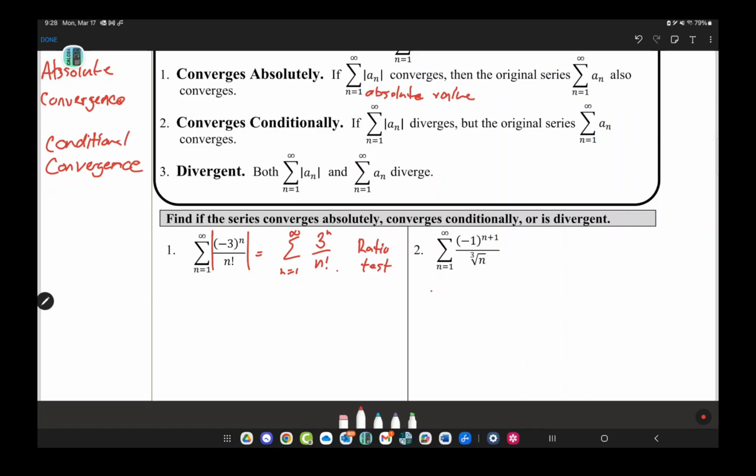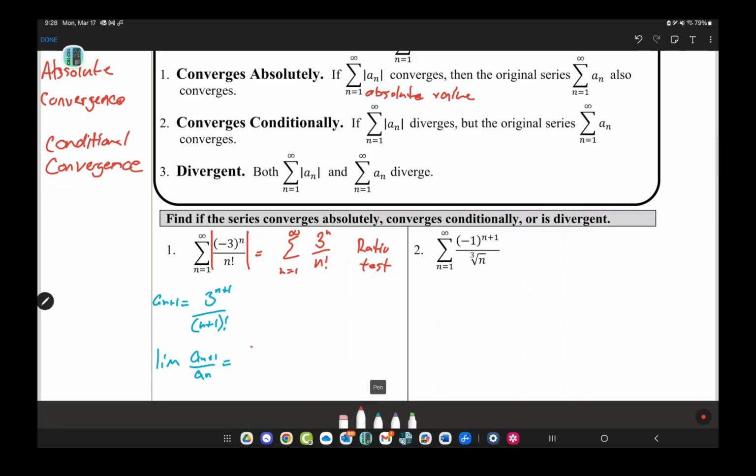So, ratio test. We know a_(n+1) becomes 3^(n+1) over (n+1) factorial. For those who weren't here Friday, this is what we did on Friday. Then we are going to take the limit of a_(n+1) over a_n, the original function, which is usually easiest writing as a multiplication of the reciprocal.